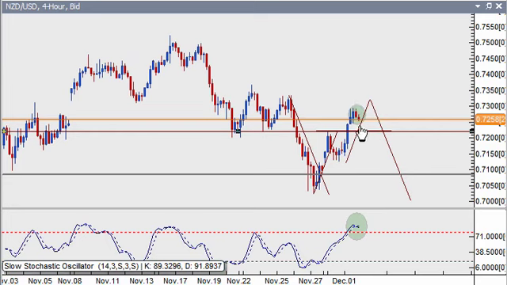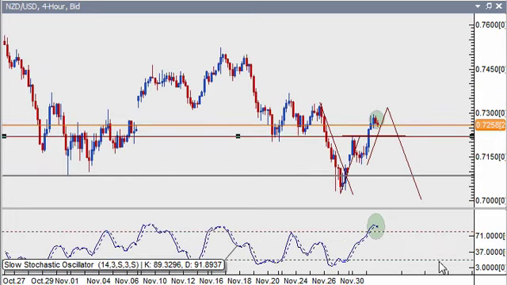So if the market can support the pair here, we basically invalidate our short-term bearish outlook and reestablish more of a ranging outlook, which would be actually short-term bullish, up to head to 0.7450.